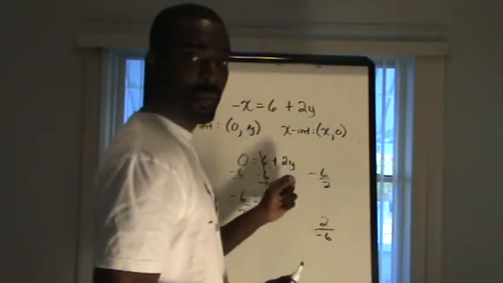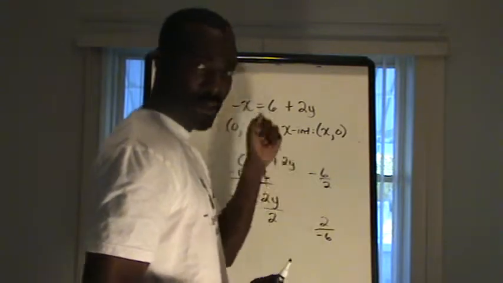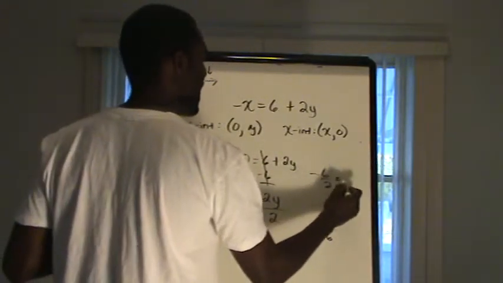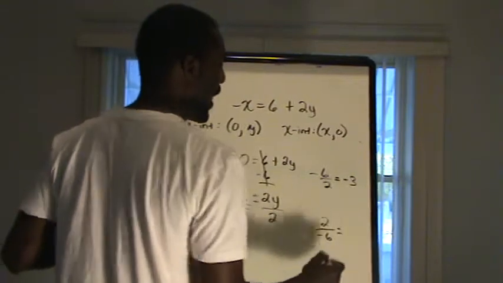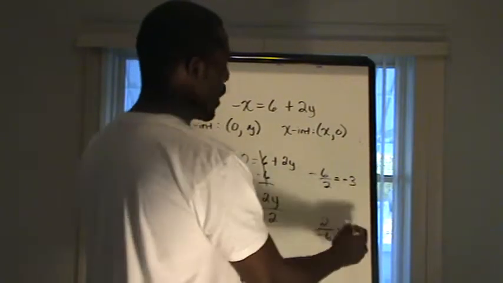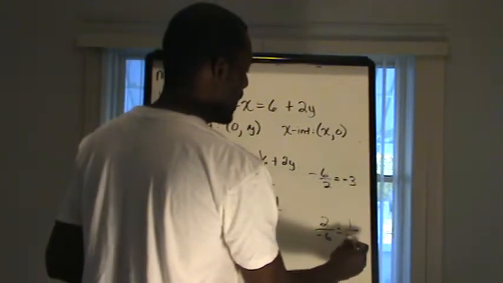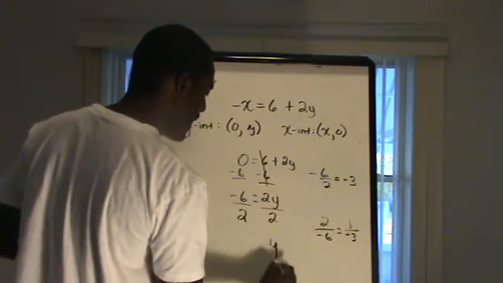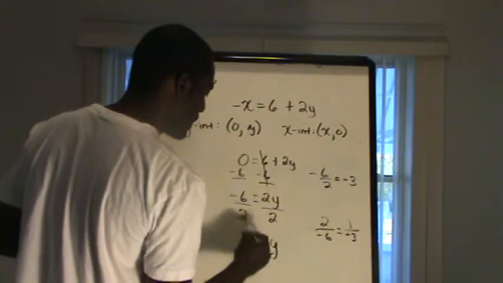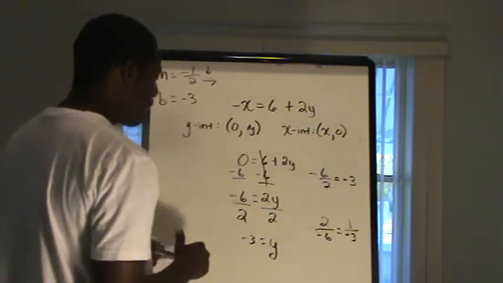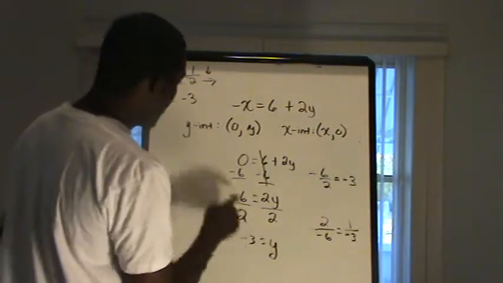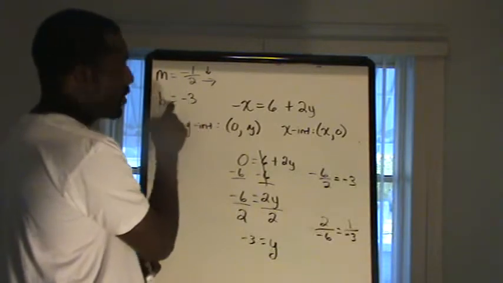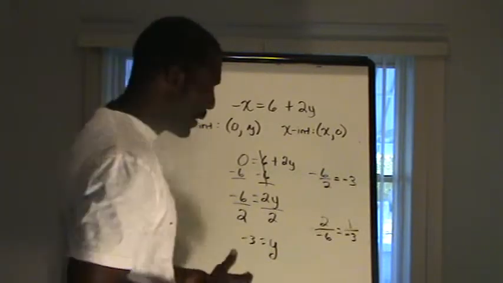This one is negative 3, because 2 goes into 6 three times. And if I reduce the other fraction, 2 goes into 2 once, and 2 goes into negative 6 negative 3 times. So make sure you're paying attention to that so we don't mess up easily here. Okay, so my y-intercept is negative 3, as we already established in slope-intercept form.